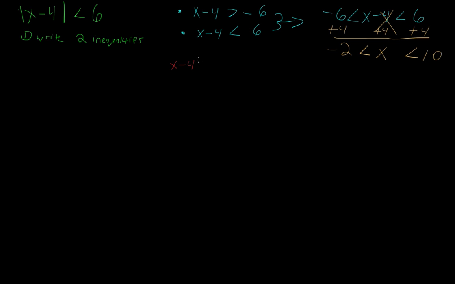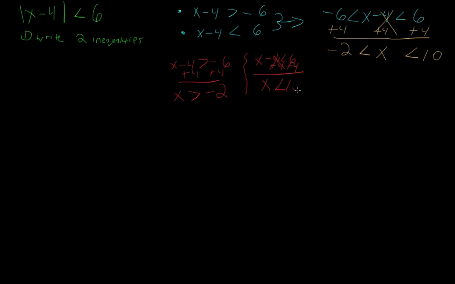X minus 4 is less than negative 6. Add 4 to both sides. Greater than. X minus 4 is greater than negative 6. X is greater than negative 2. Okay, now the next one. X minus 4 is less than 6. Add 4 to both sides.